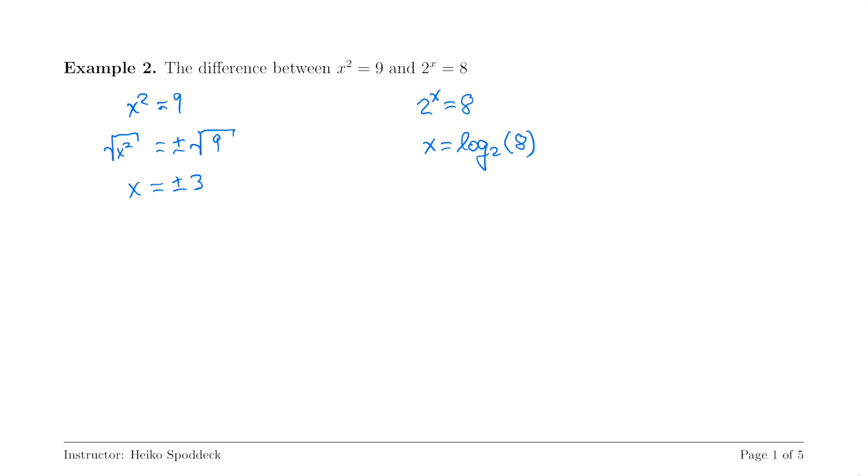And so now I want to say a little bit more about what we are having here. So our 2 is the base, and our x is the exponent. Now the logarithm also has a base, and that remains the same. That's also our 2.